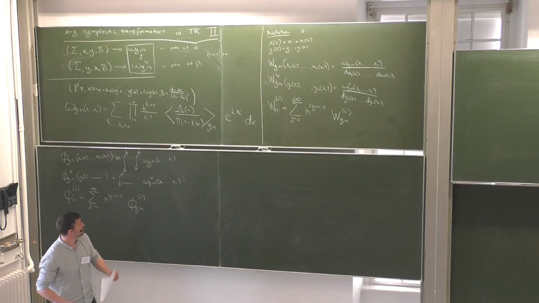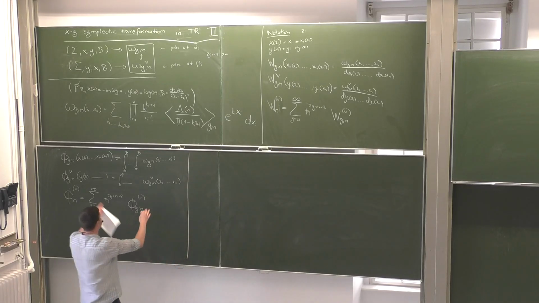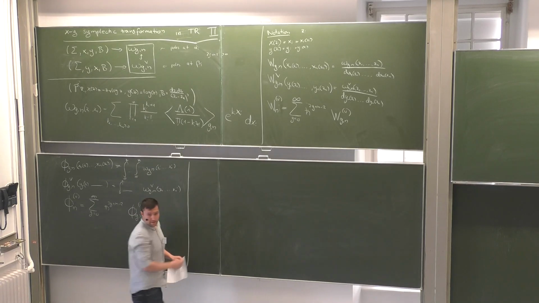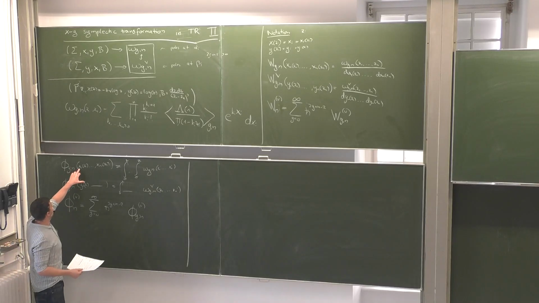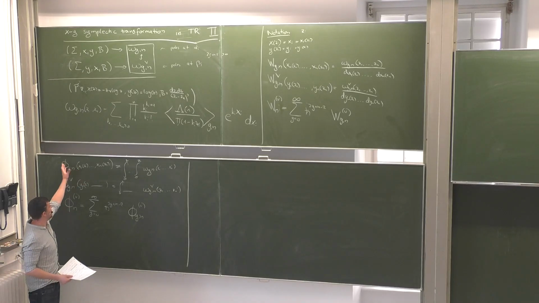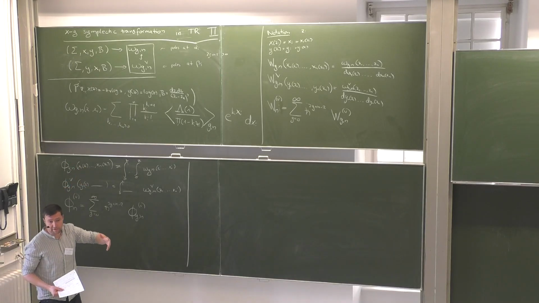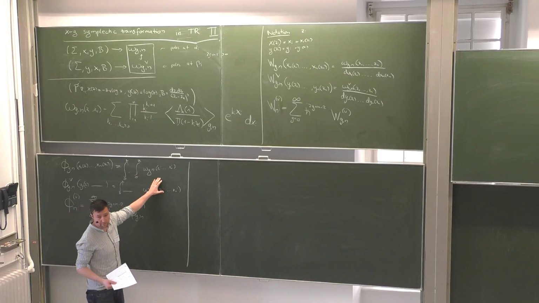Okay, so we defined these two or four families of functions, and yes, these are multivalued in x, but this is just a convenient way to write it because in z, they are meromorphic functions.